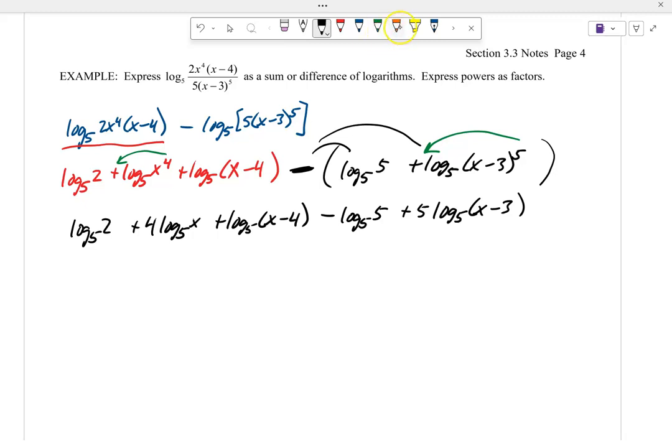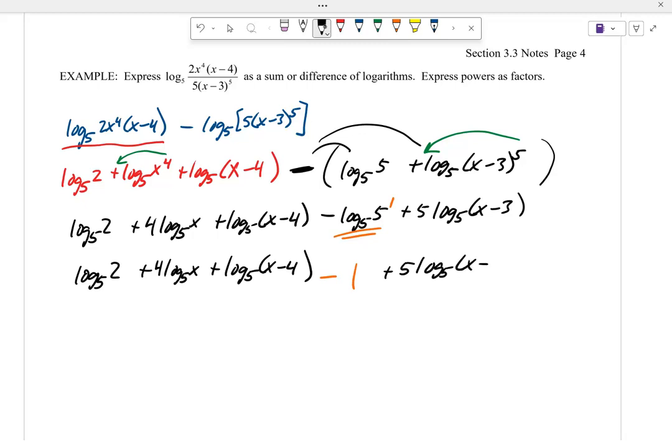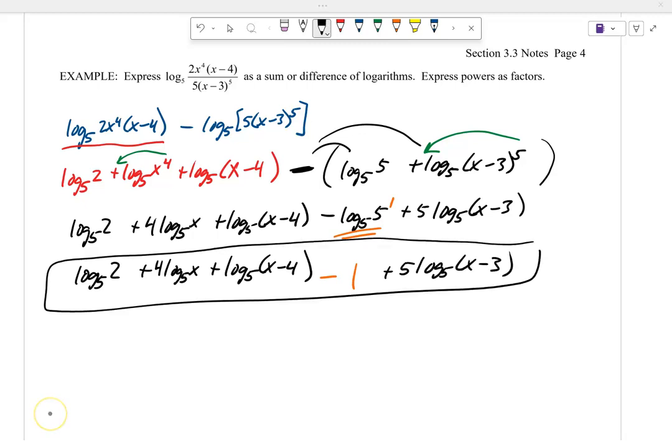Now notice this log base 5 of 5. Log base 5 of 5 to the 1 is just 1. So this is minus 1 right there. So I got log base 5 of 2 plus 4 log base 5 of x plus log base 5 of x minus 4 minus 1 plus 5 log base 5 of x minus 3. And circle that answer there.